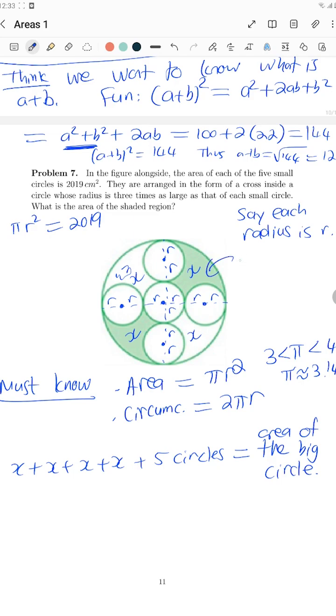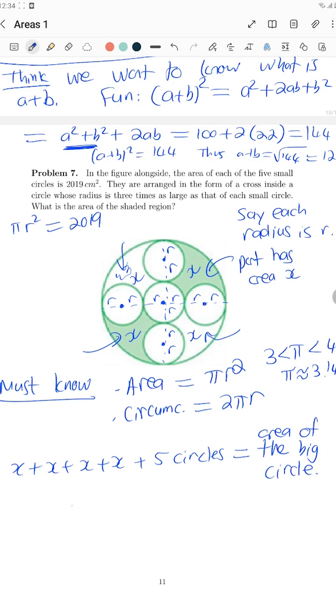This part has area x, so this part also has x. This funny part over here has x, and this funny part over here has x. So if I add up the 4 funny parts plus the 5 circles, I'll get the area of the big circle.